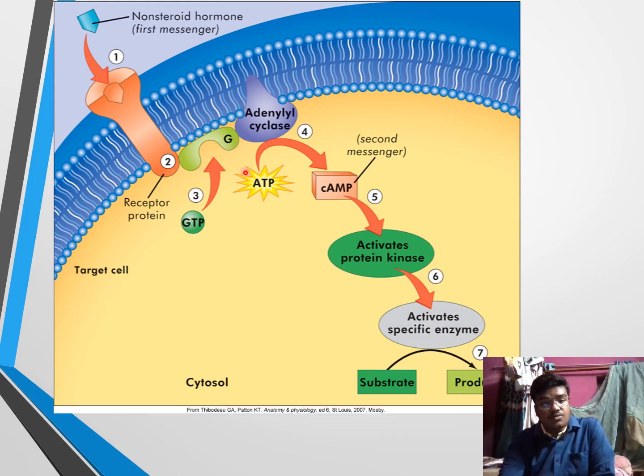This GTP bound G protein activates the effector molecule, that is adenylyl cyclase. This effector molecule synthesizes the second messenger, cyclic adenosine monophosphate cAMP, from an ATP molecule, and after producing cAMP, cAMP activates protein kinase A. This protein kinase A activates several specific enzymes, and these enzymes produce several products.